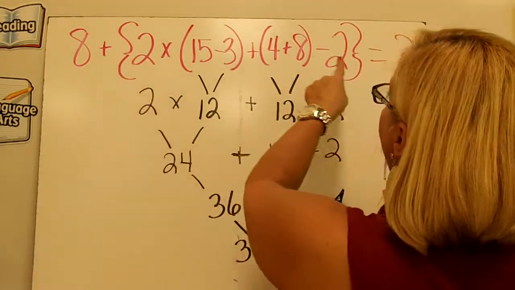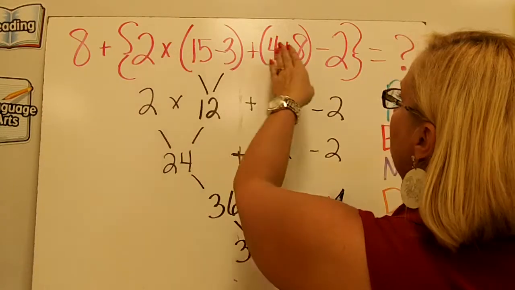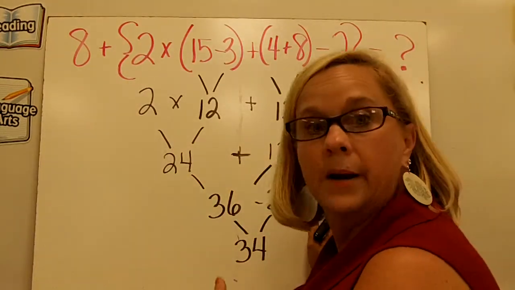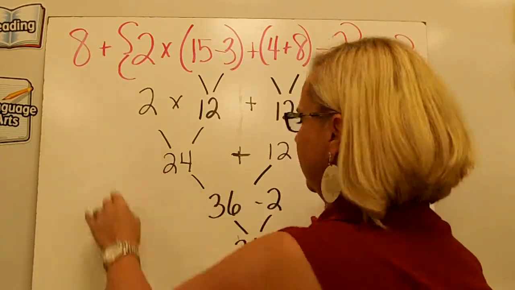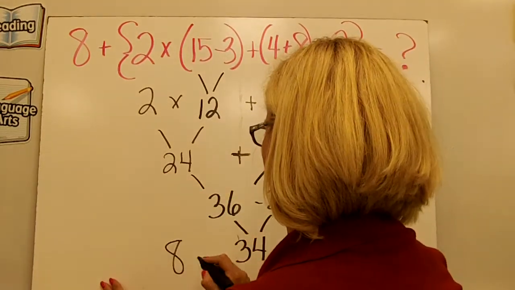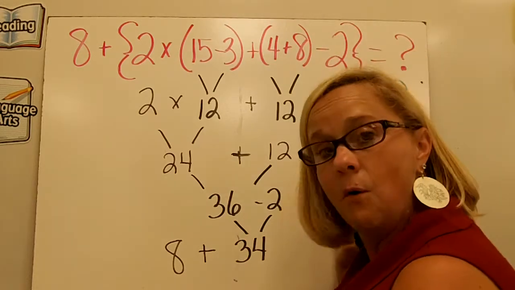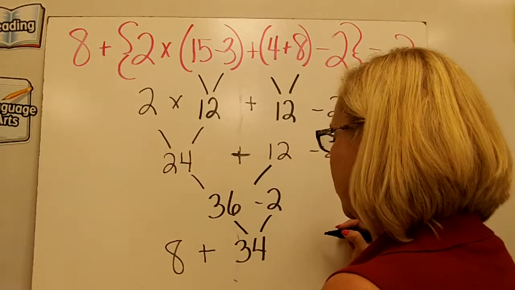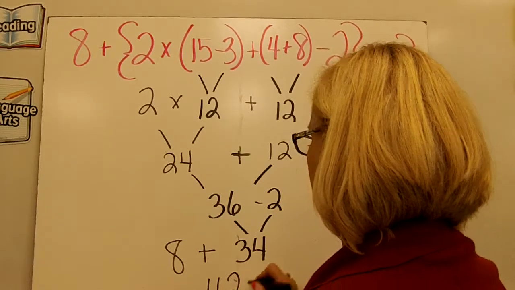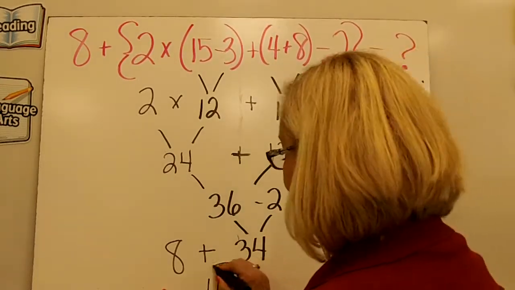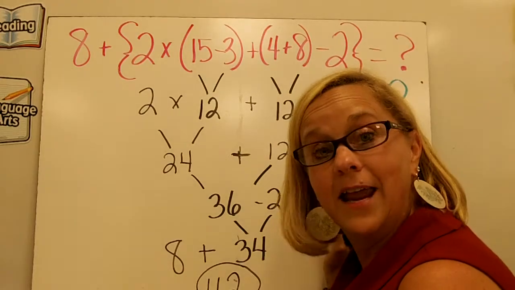I'm finished with all of this math, and all of this equals 34, but I can't forget what's on the outside of the brackets. So I have 8 plus 34. So 8 plus 34 is 42. And 42 is my final answer.